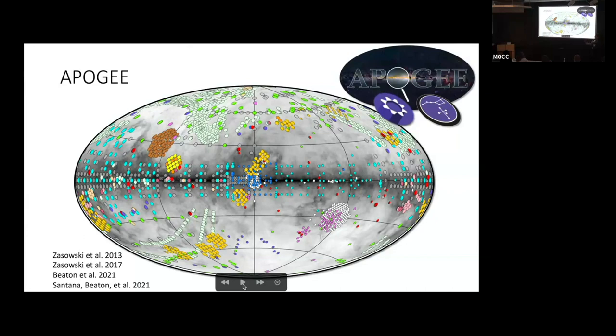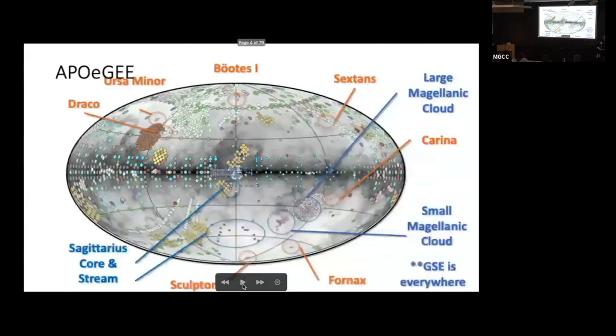And hidden in here is our sub-survey called APO-EG, the Apache Point Observatory Extragalactic Experiment, where we targeted 7 dwarf spheroidals, the Large Magellanic Cloud, Small Magellanic Cloud, the Sagittarius Core and Stream, and the Gaia-Sausage-Enceladus, and the Milky Way all at once.